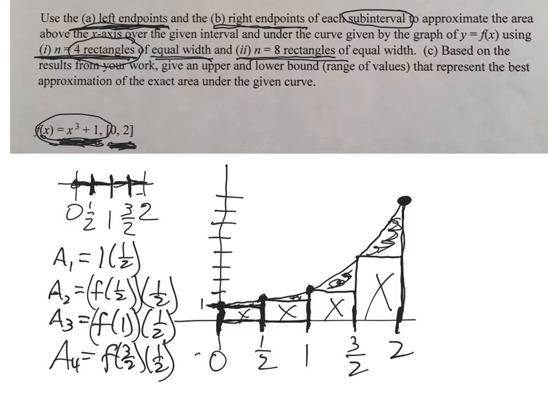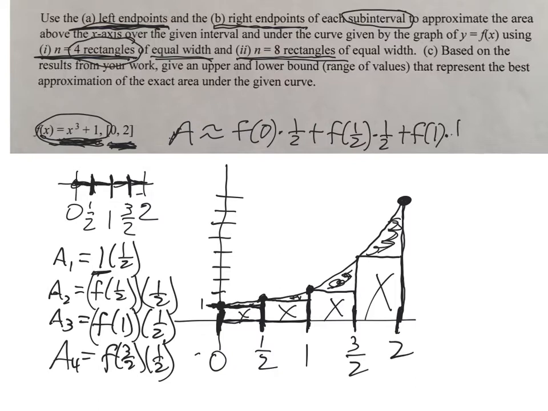So let's see, I guess as we write out term by term, we can say this area will be approximated by, I'm going to go back to f of 0 instead of 1, times 1/2 plus f of 1/2 times 1/2 plus f of 1 times 1/2 plus f of 3/2 times 1/2.